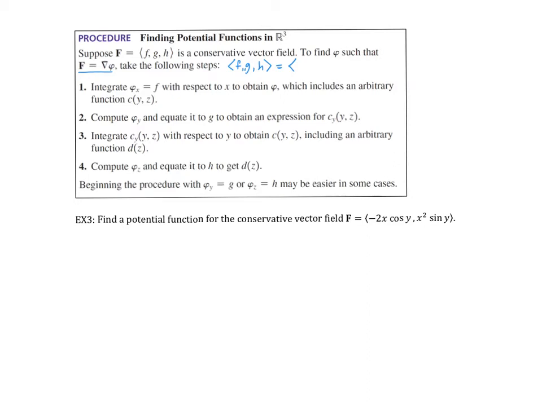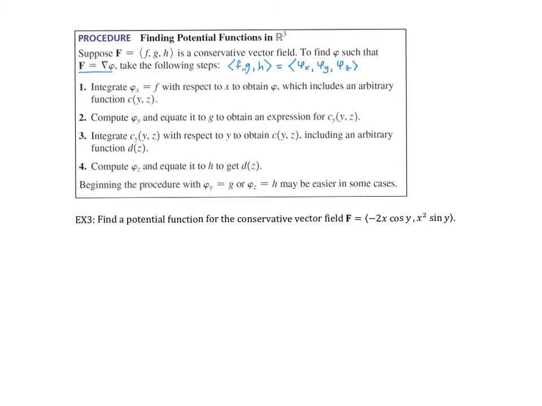So the gradient vector field is the partial derivative of phi with respect to x, partial derivative of phi with respect to y, partial derivative of phi with respect to z. So what we're saying is f is equal to the partial derivative of phi with respect to x. G is equal to the partial derivative of phi with respect to y. H is equal to the partial derivative of phi with respect to z.